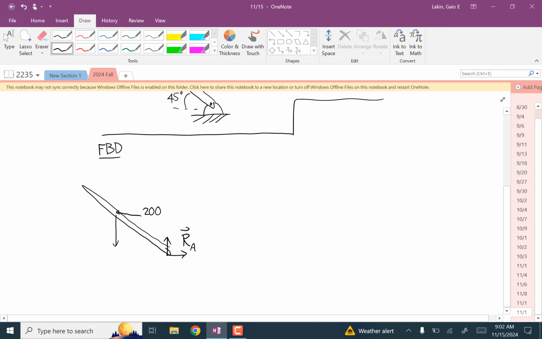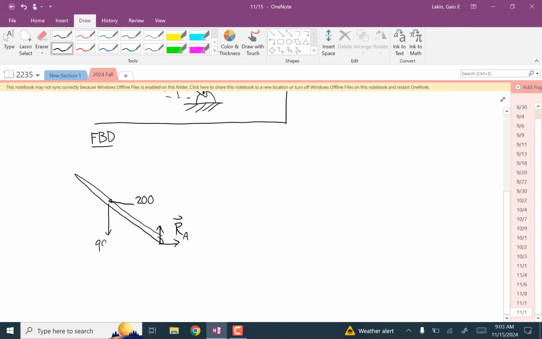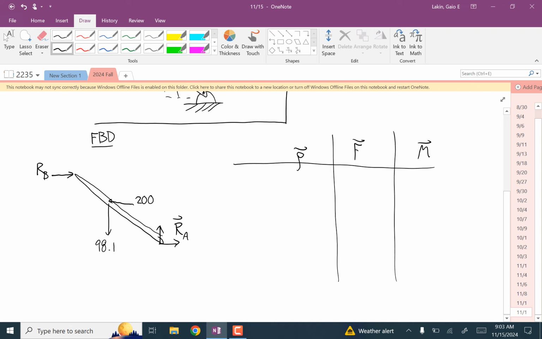And at the center going down, we have a force of 98.1. And then we have a horizontal force here, I'll call that RB. Rho, force, moment. I'll put my about point here.